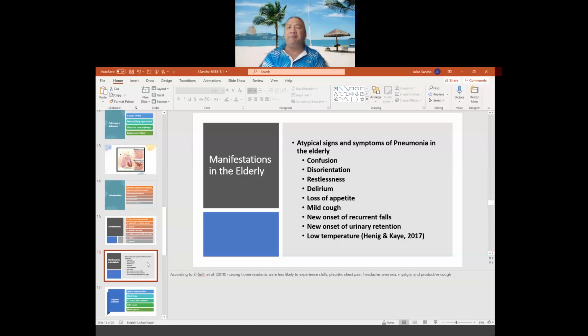Then there will be loss of appetite. The resident might experience a mild cough. Then you would notice that this resident is frequently falling. What is going on with this resident? There's a new onset of urinary retention, and the temperature is usually low.